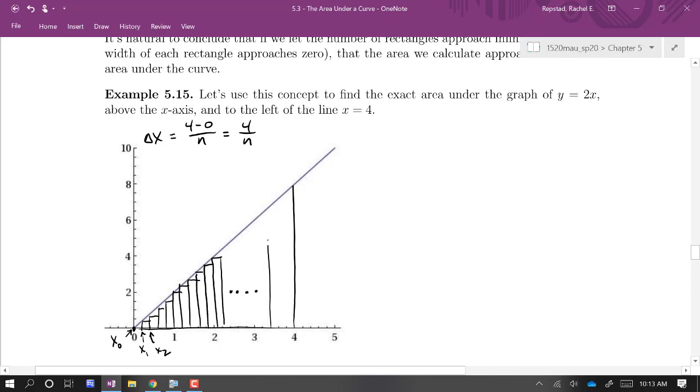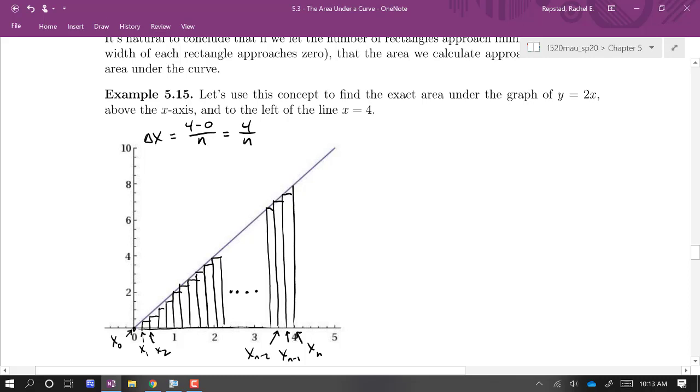We have lots more rectangles here, and then we have some at the end. The very end of the interval at 4, that's x sub n. And so this one right before it is x sub n minus 1. This one here, x sub n minus 2.